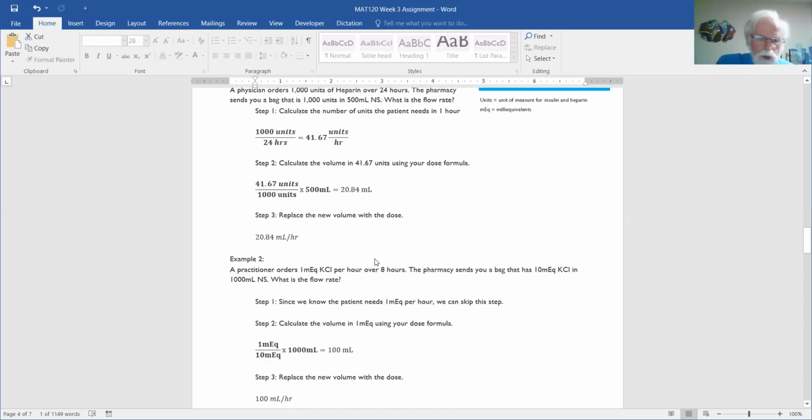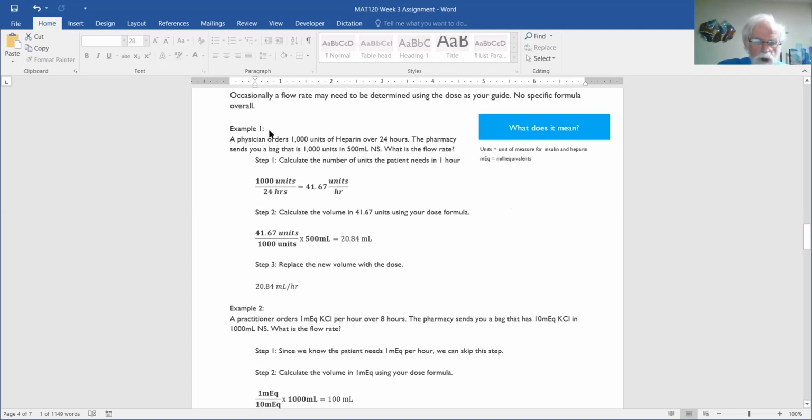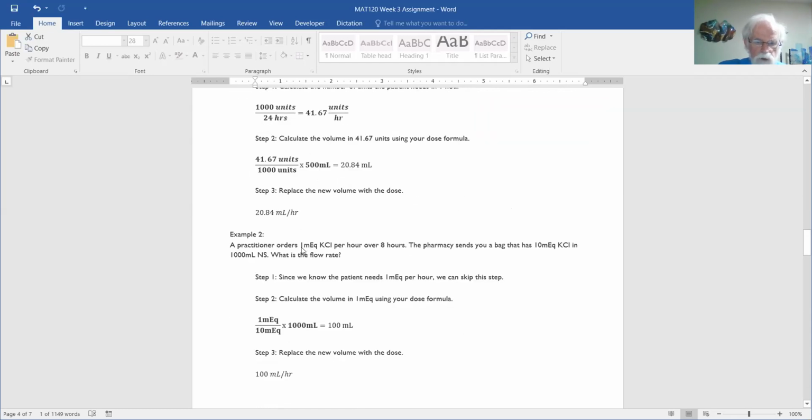So what we have here is, again, another one looking at a milliequivalent of potassium chloride per hour over 8 hours. So that goes back up here. In the previous one, they tell us we want 1,000 units over 24 hours, and we have to calculate how many units per hour. Here they tell us 1 milliequivalent per hour, and we have a bag that has 10 milliequivalents in 1,000 milliliters of normal saline.